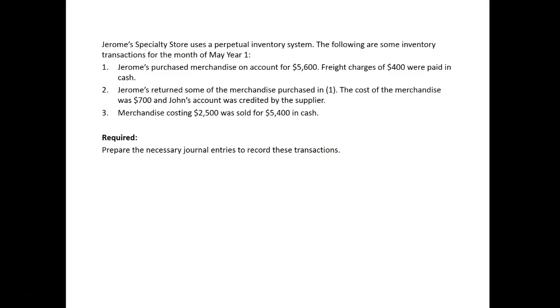Jerome's returned some of the merchandise purchased in 1. The cost of the merchandise was $700 and Jerome's account was credited by the supplier. Merchandise costing $2,500 was sold for $5,400 in cash. Our job is to prepare the journal entries to record all these transactions.